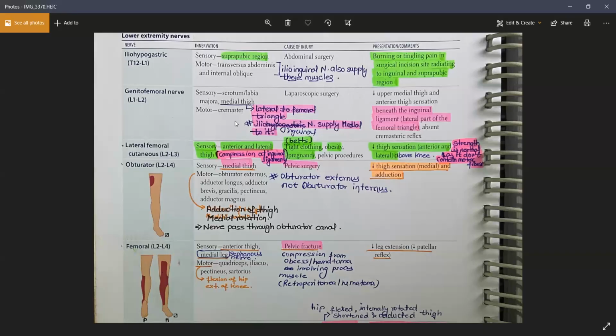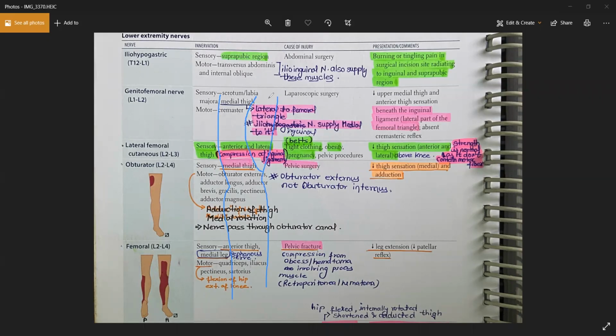And the ilioinguinal nerve supplies the medial side of the femoral triangle. If I try to annotate it, just give me a second. You have this thigh, okay, and you have this medial part of the thigh, right? This is the middle part of the thigh.